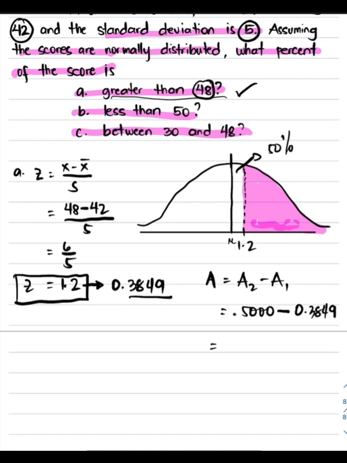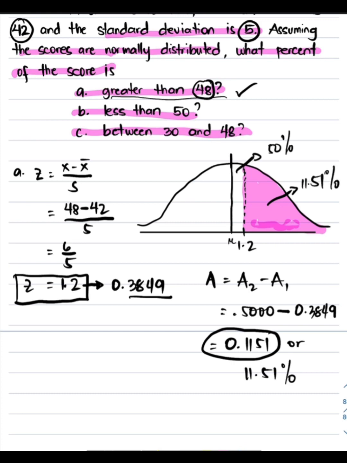So, 0.5 subtract 0.3849, that is 0.1151, or that is 11.51%.